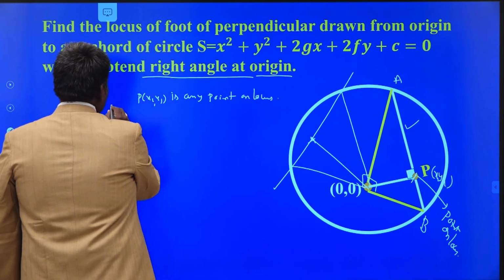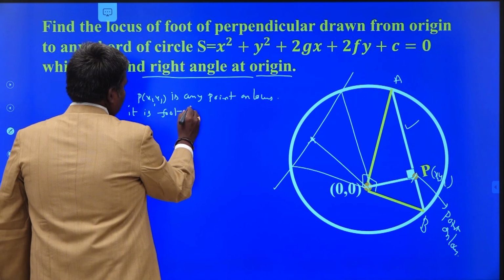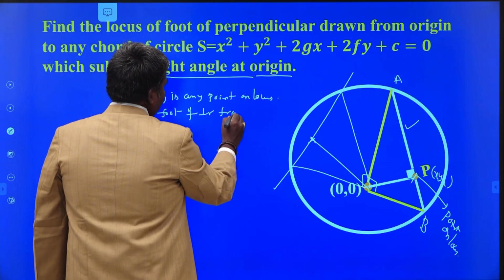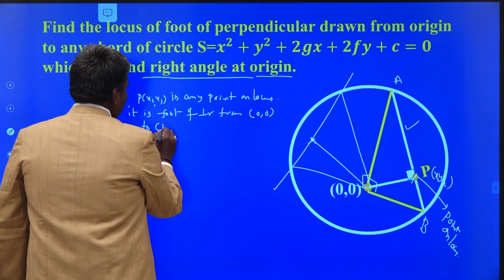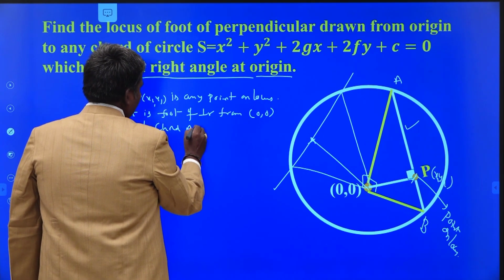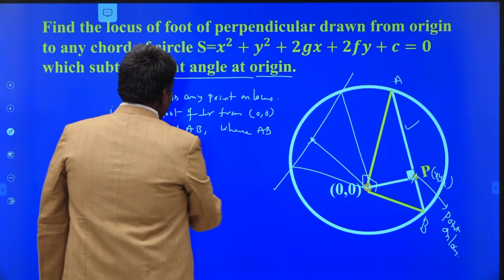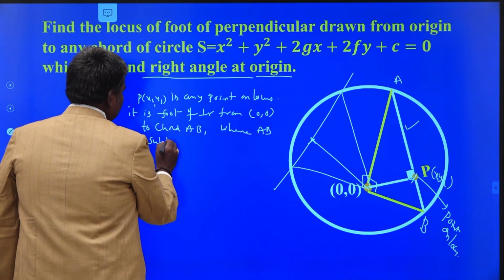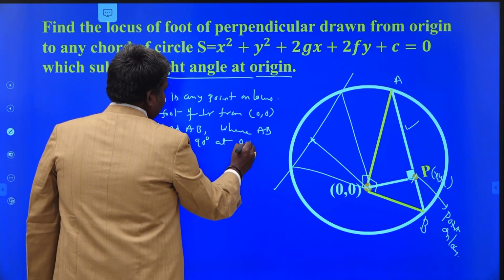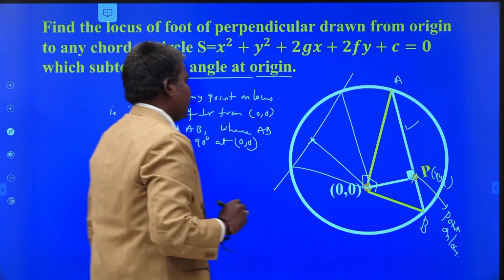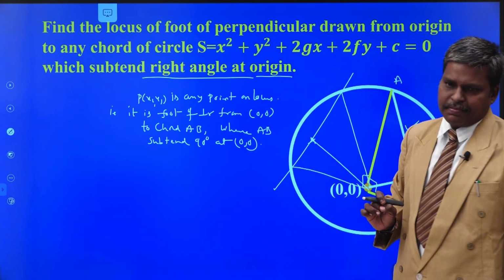P(x1, y1) is any point on the locus, that is, it is the foot of the perpendicular from the origin to chord AB, where AB subtends 90 degrees at the origin. This is the story.